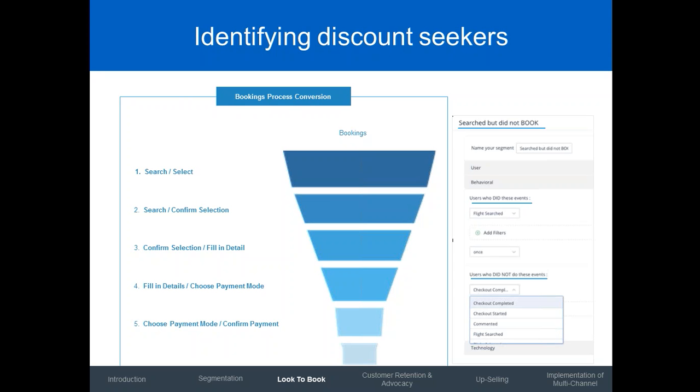He's not engaged with the page enough. So price would definitely be the top point where the person is looking for a discount, or the rate is not right for him to purchase. So looking at the numbers in this funnel really helps you to identify a segment.